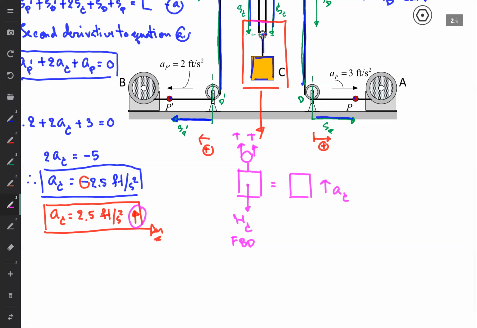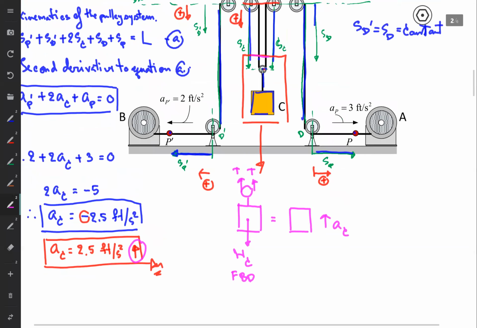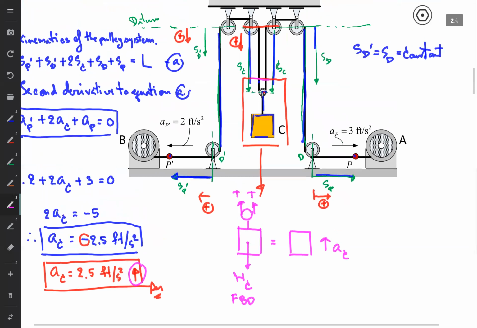We defined it in the opposite way when we determined the acceleration the first time, because for the absolute dependent motion analysis we have to set up the datum, and we found that going down is positive.